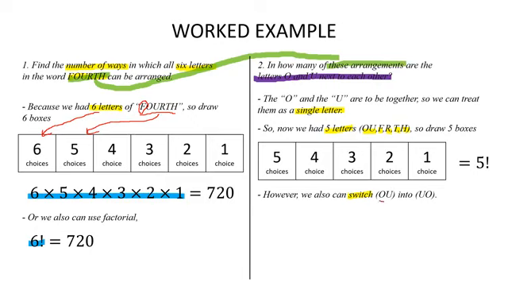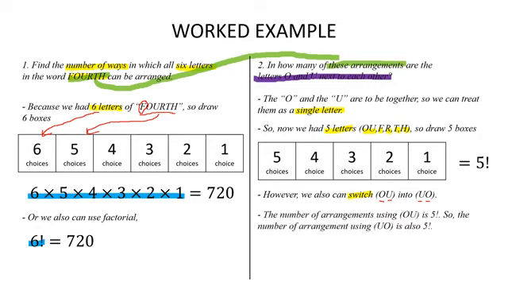O first, then U second, but we can also switch, U first, then O. Which means that for the arrangements using OU, we get 5 factorial. If we switch to UO and calculate once again, we also get another 5 factorial.